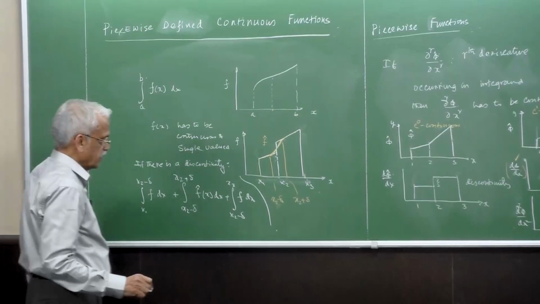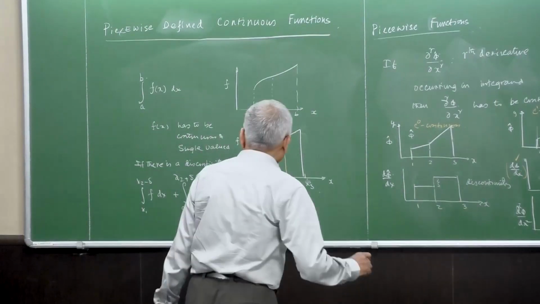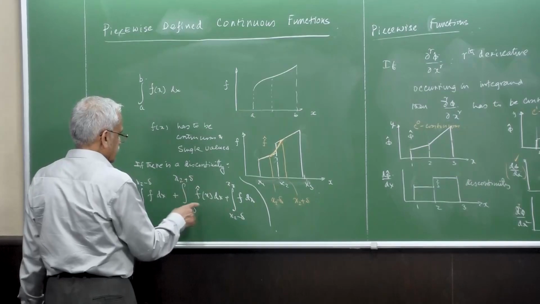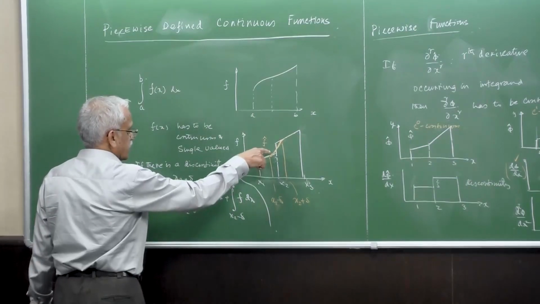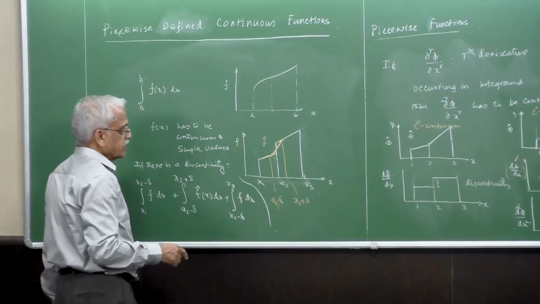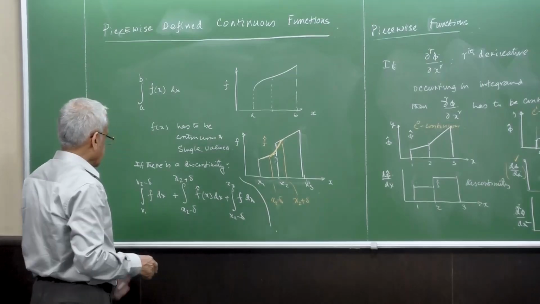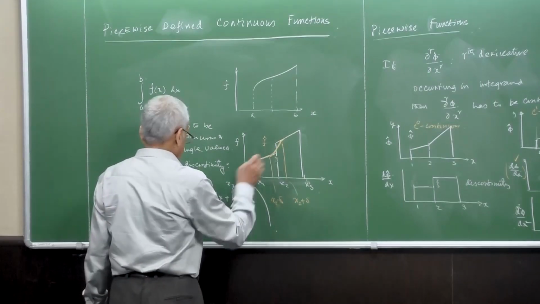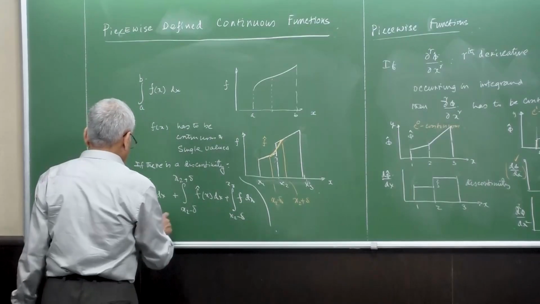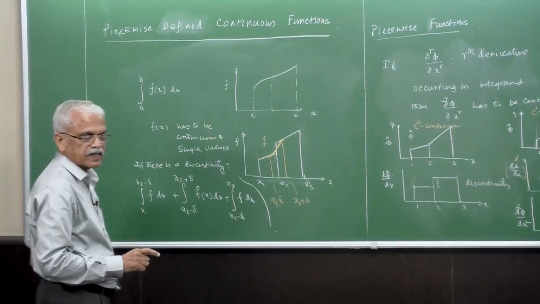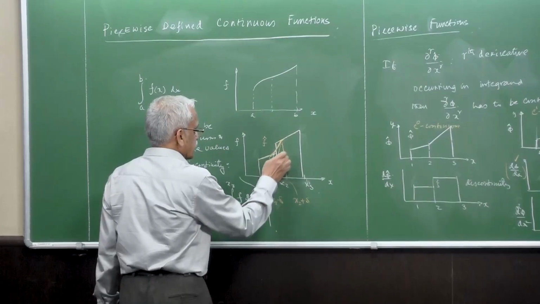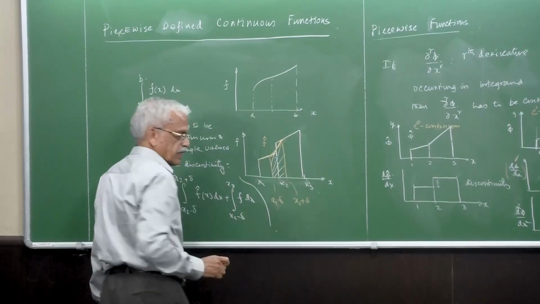In the zone x2 minus delta to x2 plus delta, we regularized it as a single valued function. Then as delta tends to 0, what happens to the second integration?